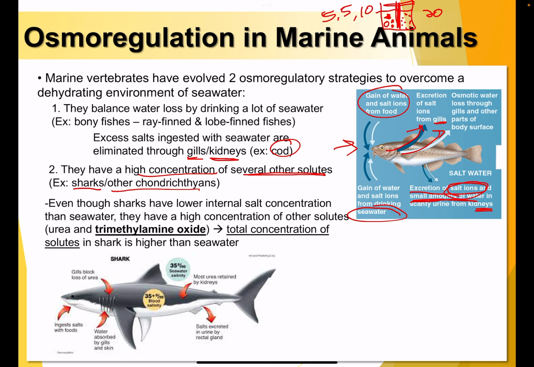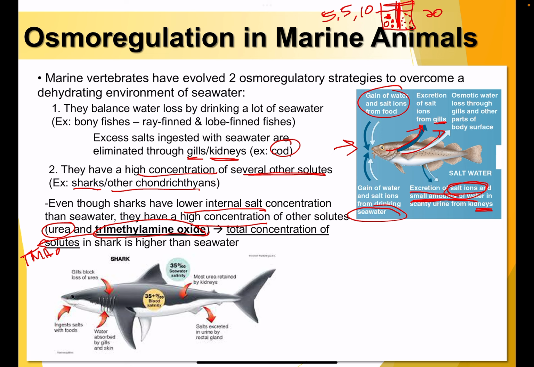So for sharks, they have a lower internal salt concentration, like other fishes have the problem of in the sea, but they have a high concentration of other solutes such as urea and also trimethylamine oxide, or in abbreviation format, TMAO, okay? TMAO, trimethylamine oxide.